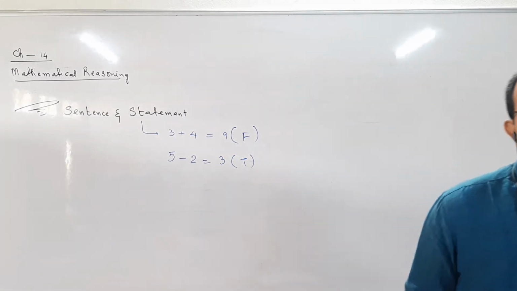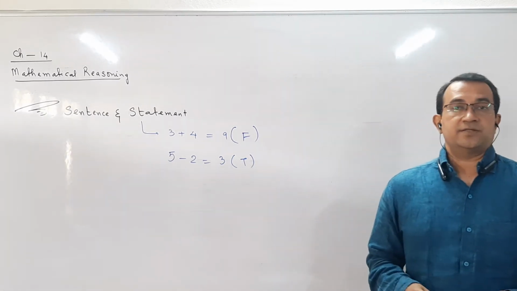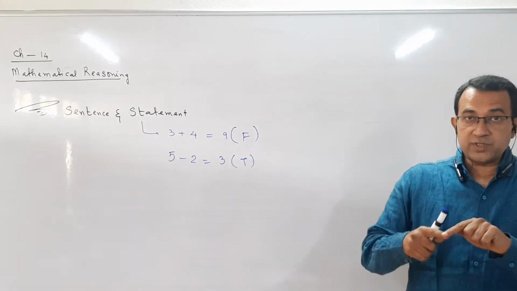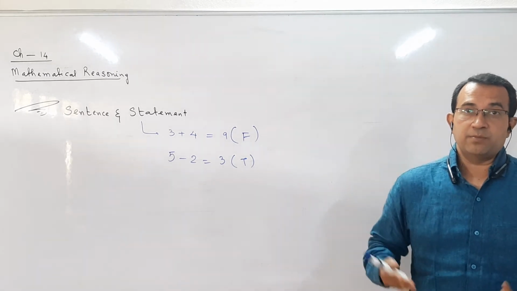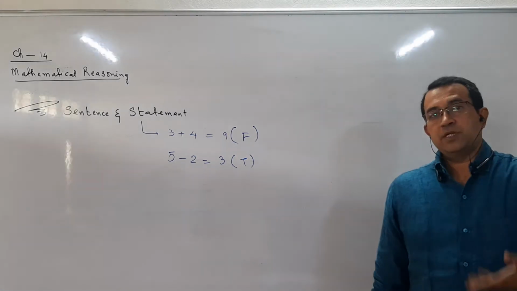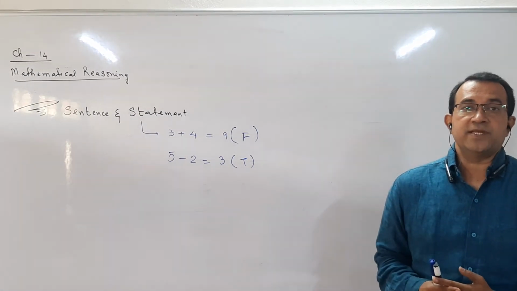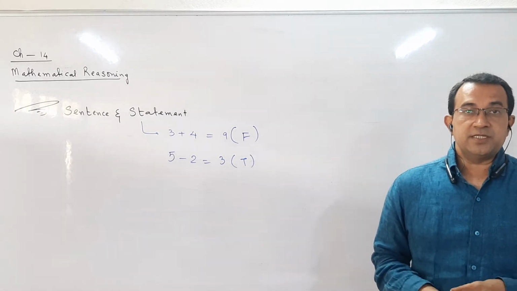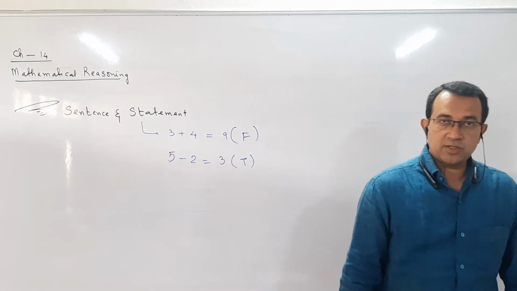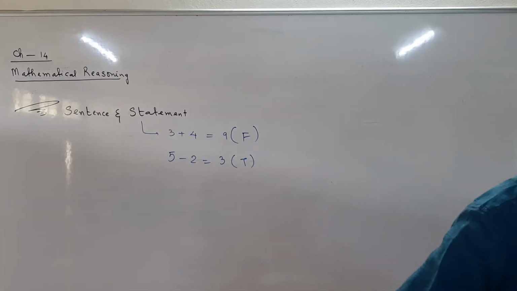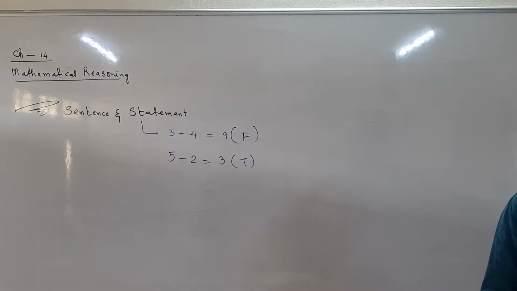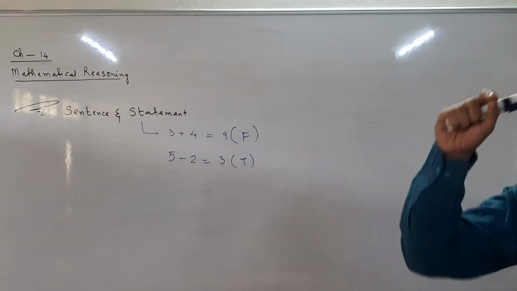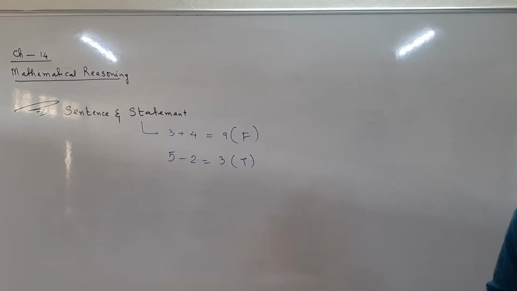Then, Kashmir is very far from here. Now here means which reference is considered. From Bhavnagar it is very far, but maybe from other states it is very near. So this is not a statement, it is a sentence because it is not universally true or false. So a mathematically accepted statement is either definitely true or definitely false, but it cannot be both at a time.